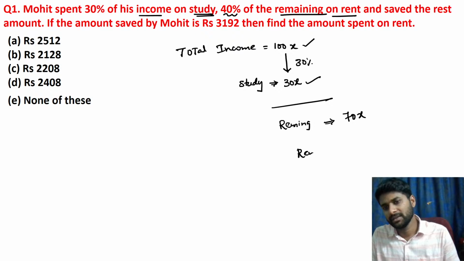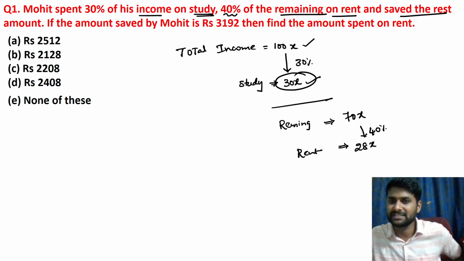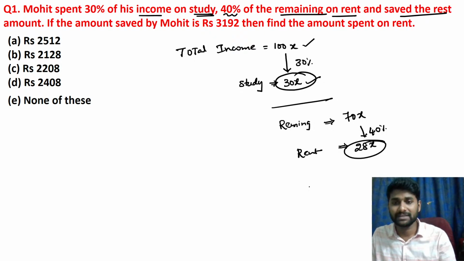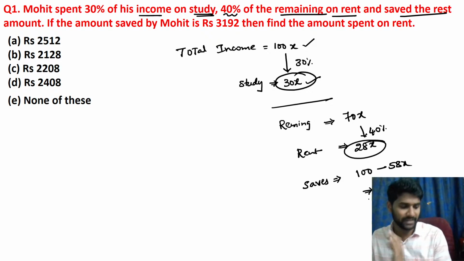Out of 70x, he spent 40% on rent, which is 28x. And he saved the rest of the amount. So 30x plus 28x, 58x, is already spent, and the remaining is savings. So the person saves 100x minus 58x, which is exactly equal to 42x.